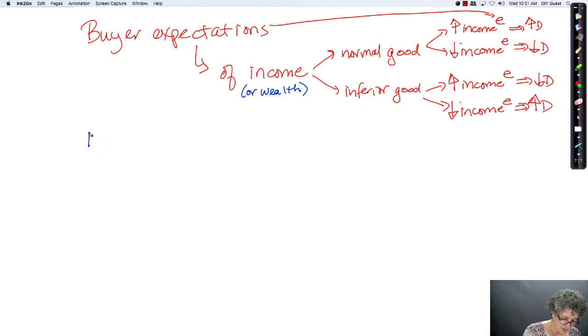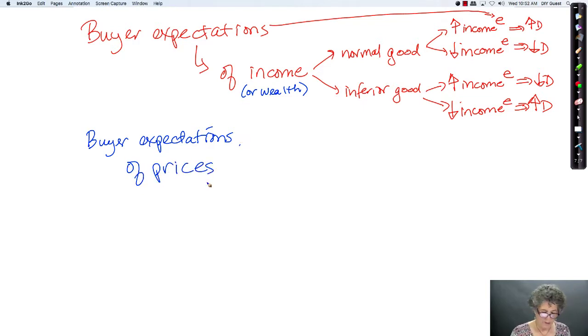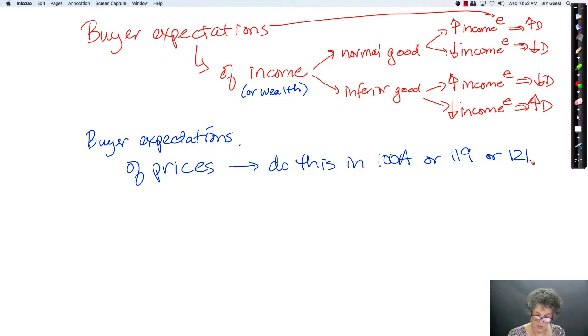We could also talk about buyer expectations of prices. That gets a little messier. We don't usually do that in Econ 1. I'm going to say, do this in 100A, or maybe the psych and econ class, or maybe industrial organization, or maybe public finance, or maybe finance 136.